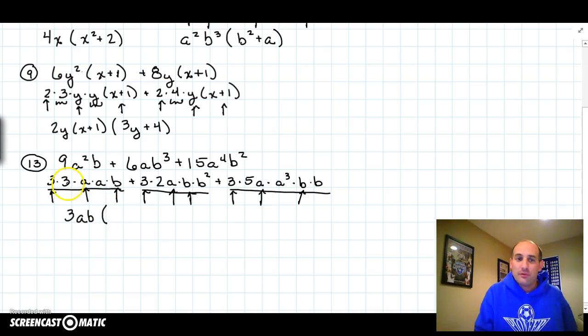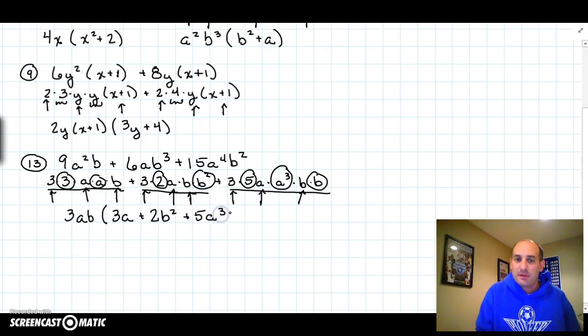What's left in each one of them, I've got 3 times a that I didn't match up with the other sides. So that's going to be my first term inside the parentheses. Here, I've got 2 and a b squared that weren't matched up. And finally here, I've got a 5, an a cubed, and a b.